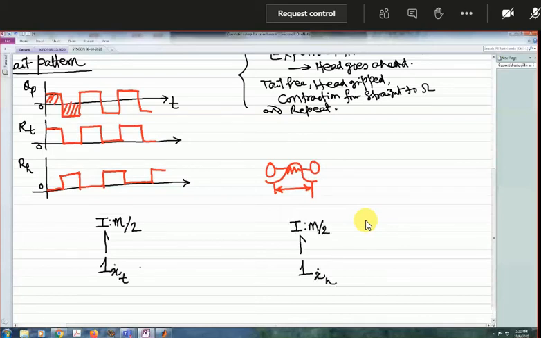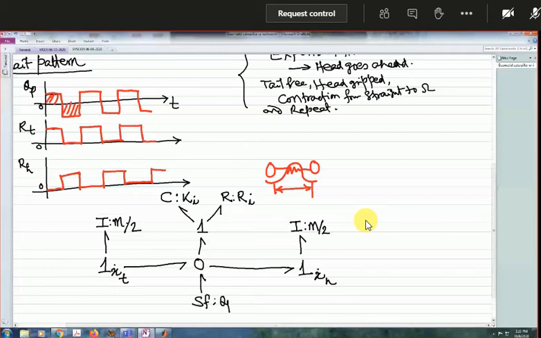Between them, I take relative velocity. At the relative velocity, we have stiffness of the insect. Let's call it Ki. Ki is stiffness. Ri is damping of the insect. We have a source of flow, that is QP. And at the front and rear, we have these resistances, R head and R tail.